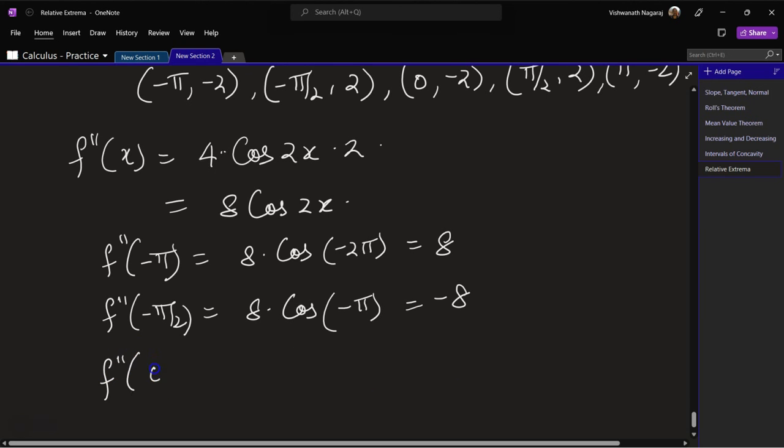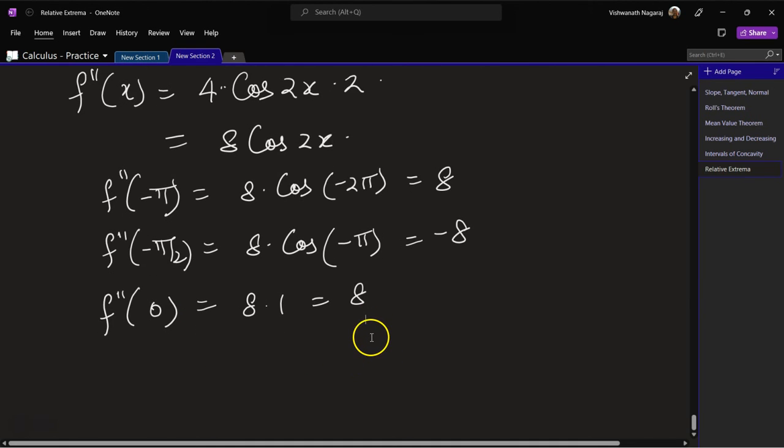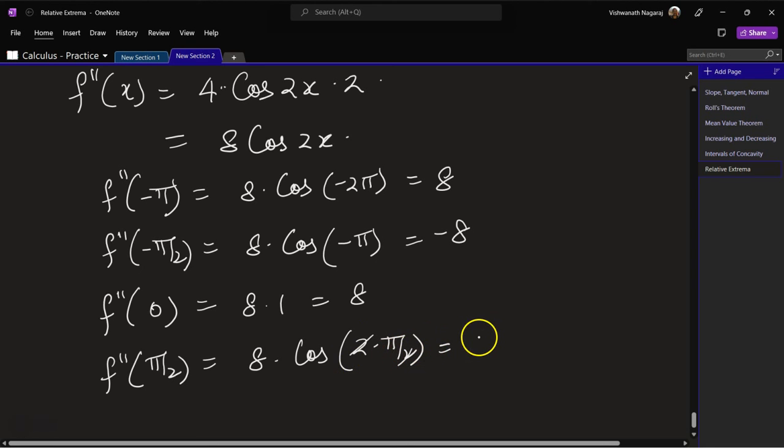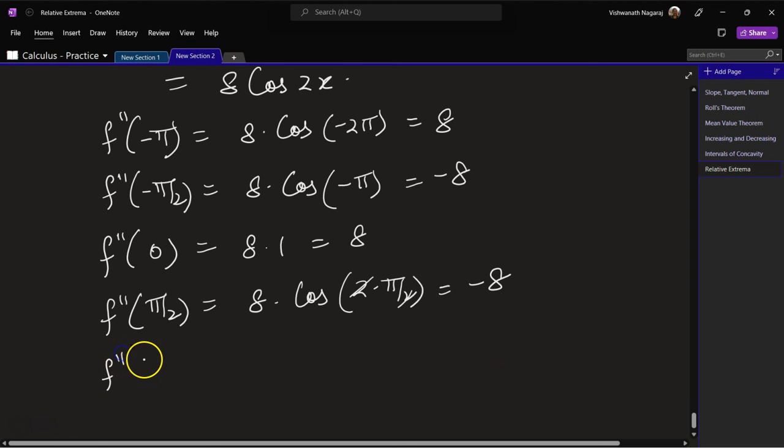F double prime of 0 would be 8 times 1, which is equal to 8, because cos 0 is 1. F double prime of pi by 2 would be equal to 8 times cos 2 times pi by 2, which is pi. Cos pi is minus 1, so this will be minus 8. And finally f double prime of pi is equal to 8 times cos 2 pi, which is going to be 8.